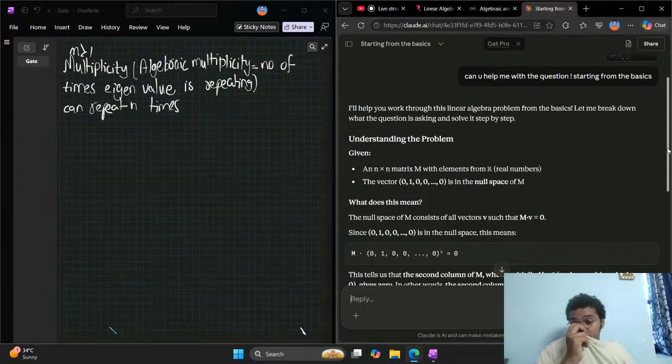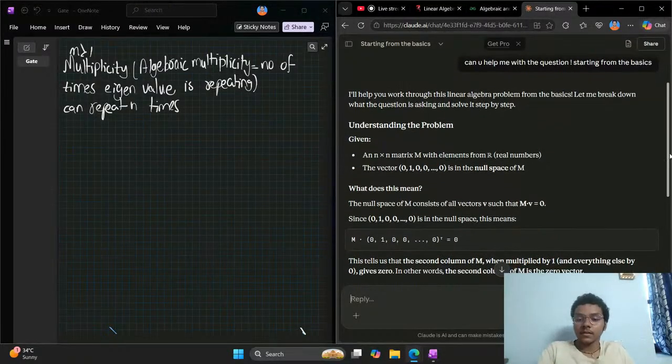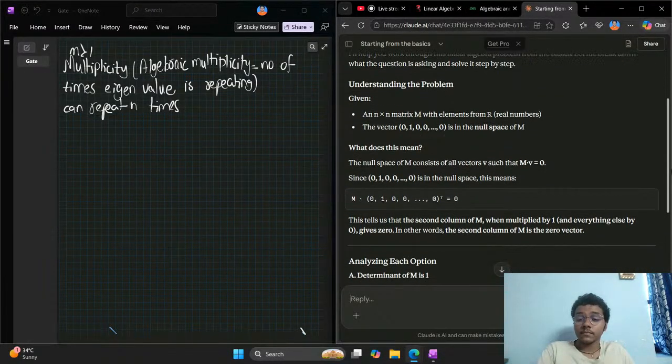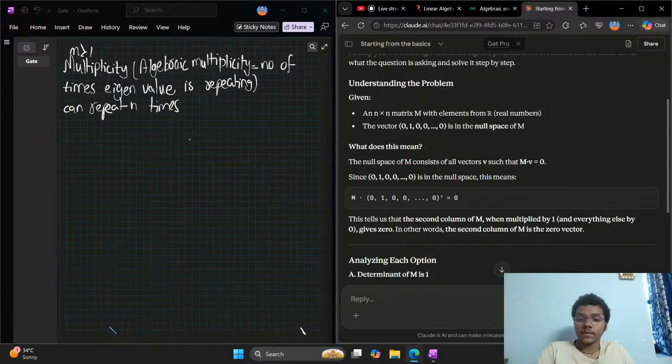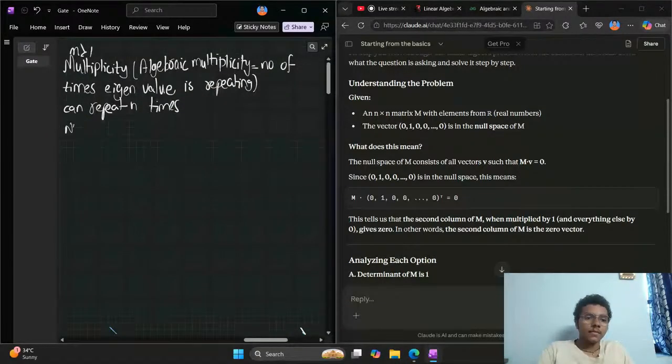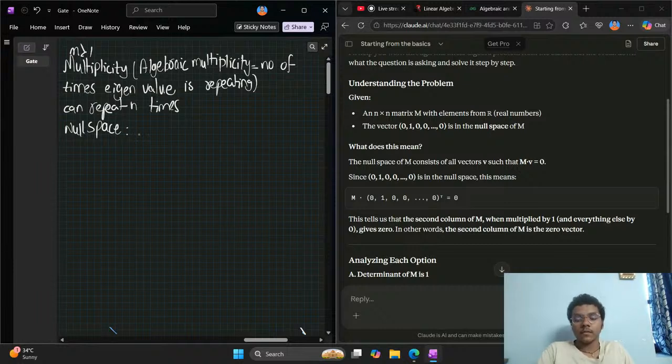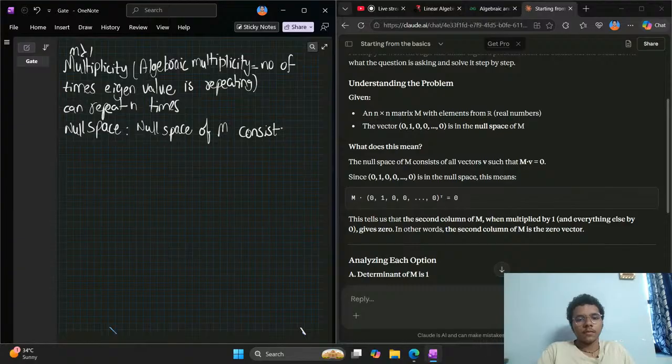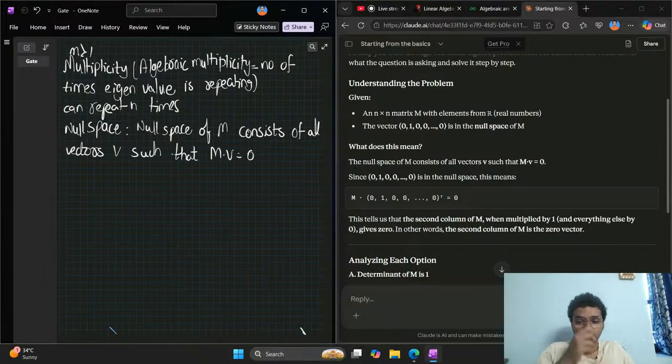An n by n matrix M, the vector is in the null space. The null space of M consists of all vectors V such that MV is equal to 0.